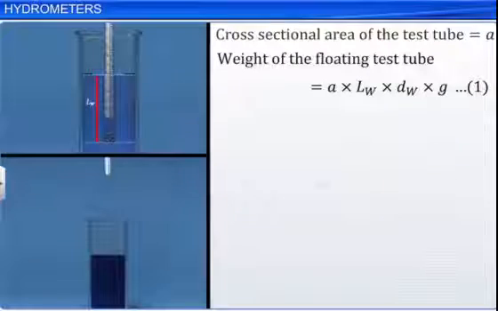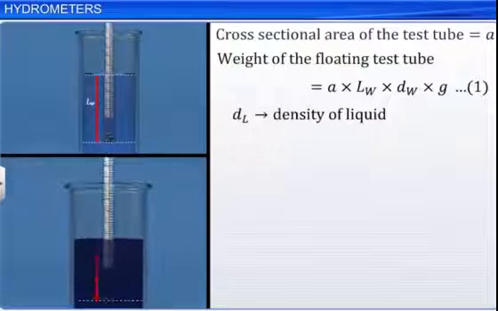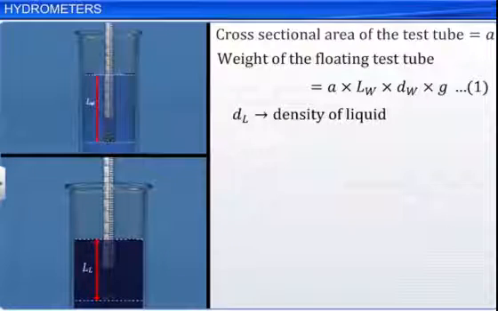Now, place the test tube in another jar filled with a liquid of density dL and note the length of the test tube inside the liquid. Let it be LL. Then, the volume of the liquid displaced VL is equal to A into LL.